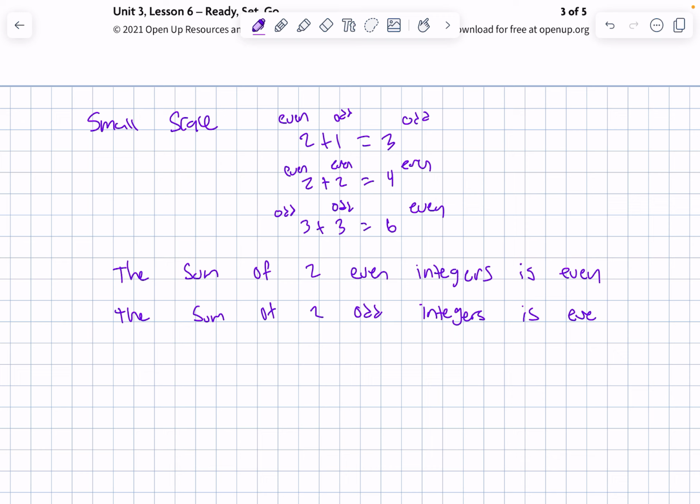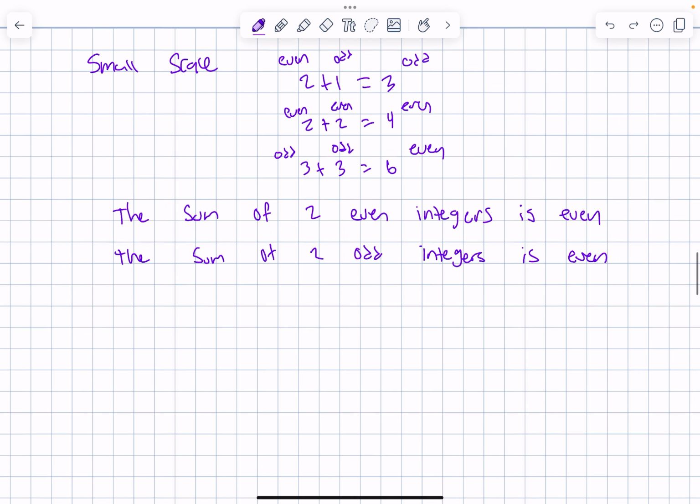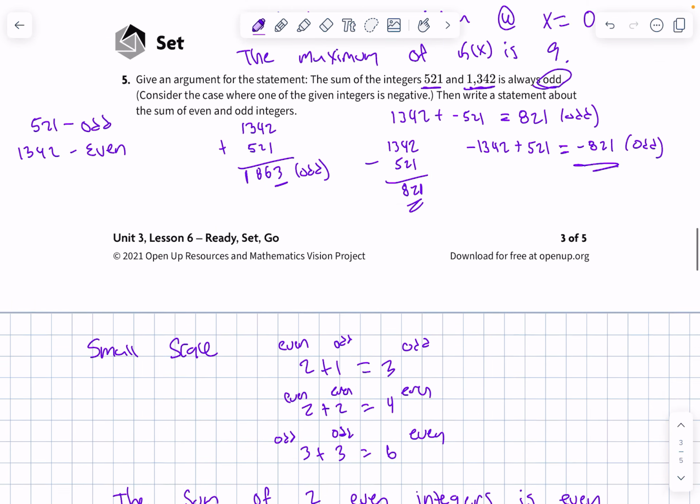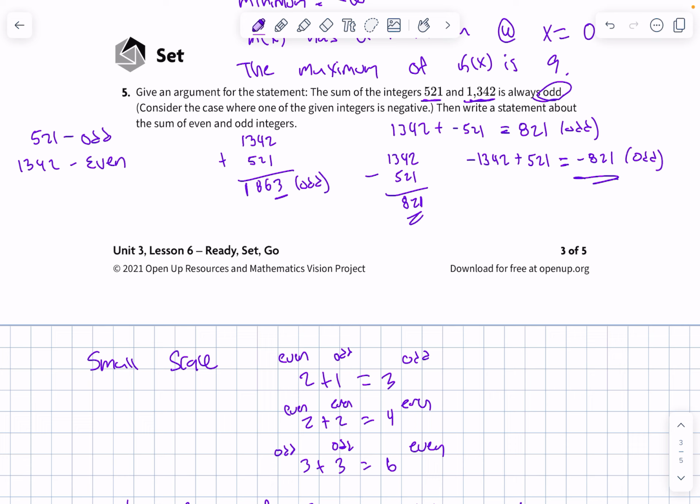Even, right? We did it on a smaller scale. And then we talked about the sum of an even and an odd is always what? Odd.